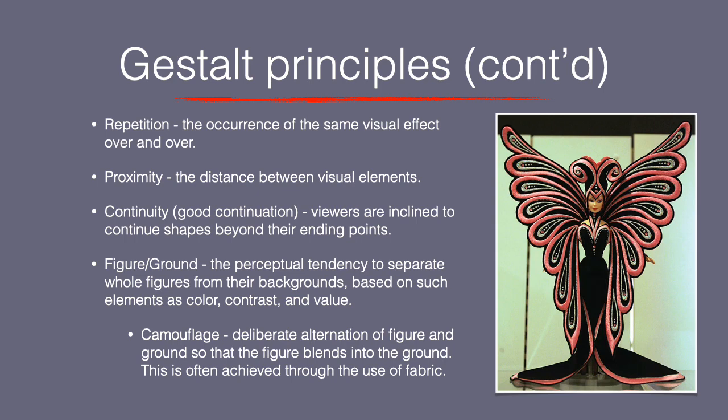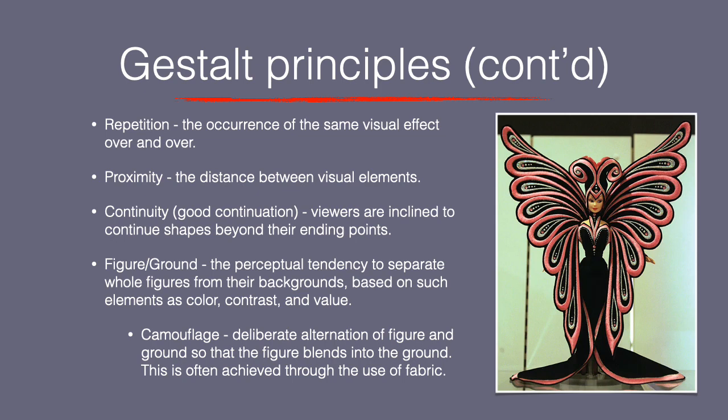Figure or ground. The perceptual tendency to separate whole figures from their backgrounds based on such elements as color, contrast, and value. Camouflage is when there is a deliberate alternation of figure and ground so that the figure blends into the ground.